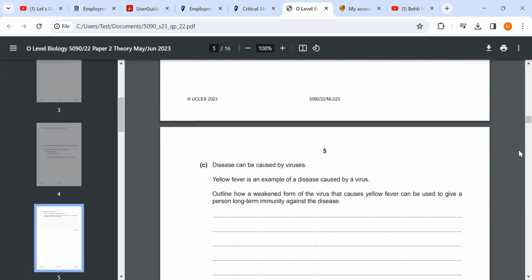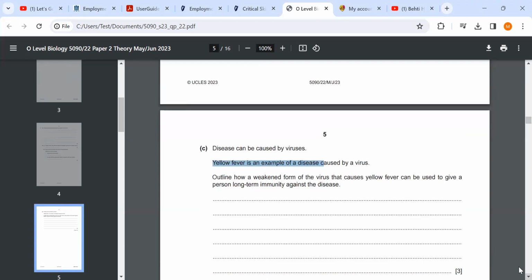Now they've asked us how active immunity works. You need to know that this is a long-term immunity, and they've given us an example of yellow fever. Obviously we won't give a live virus because it will cause the disease. So we will give a weakened or a dead form of the virus, so that when the virus enters, the body will be able to recognize it as a foreign material.